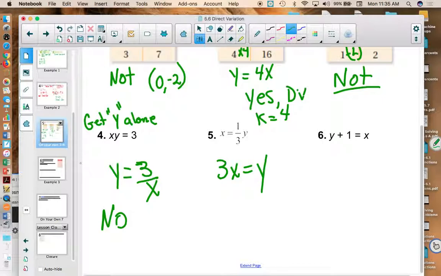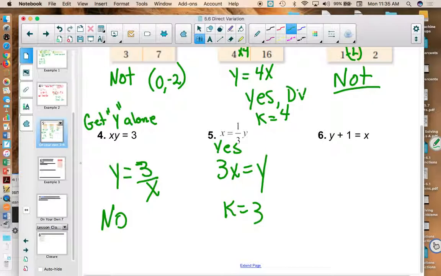Is that a constant proportionality? Yes. So this one is a yes. There's my y. And what's the k? K equals 3 on this one. Good. See it? Easy. Sorry about that. I didn't mean to scare you.